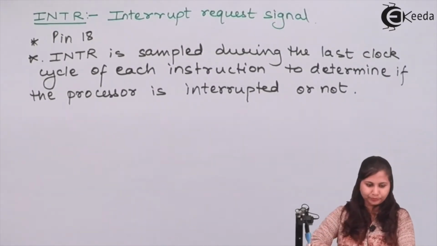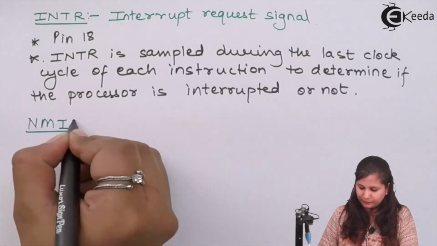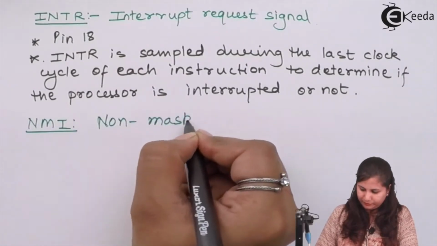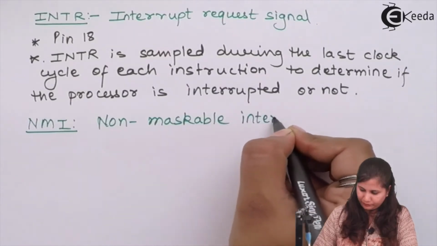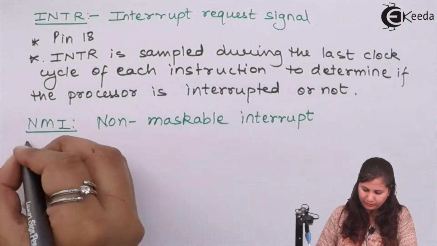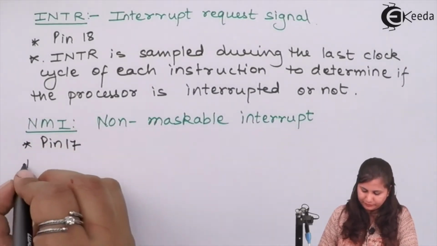Okay. So next we have NMI, non-maskable interrupt. It is available at pin number 17.